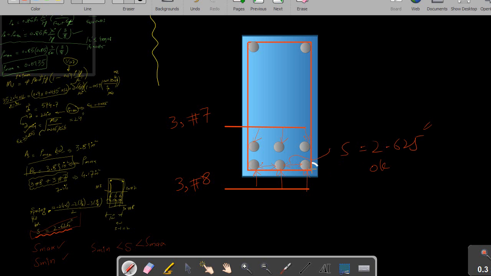The clear cover is 1.5 inches on both sides.